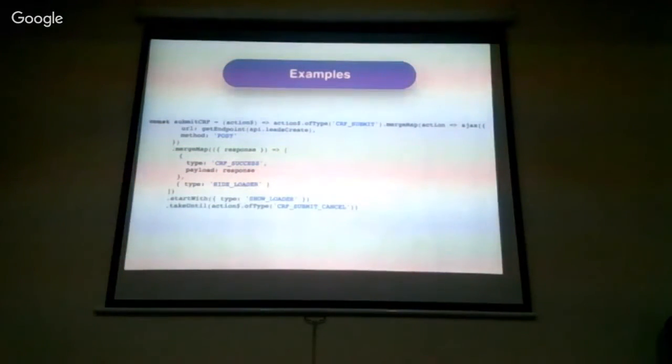We don't want to do that straight away. So we just handle that inside Redux state because it's convenient. I start this entire transaction using this startWith operator with a type show loader. So before the Ajax call was made, the loader was shown, then the Ajax call was made, I received a response, and I dispatched two actions.